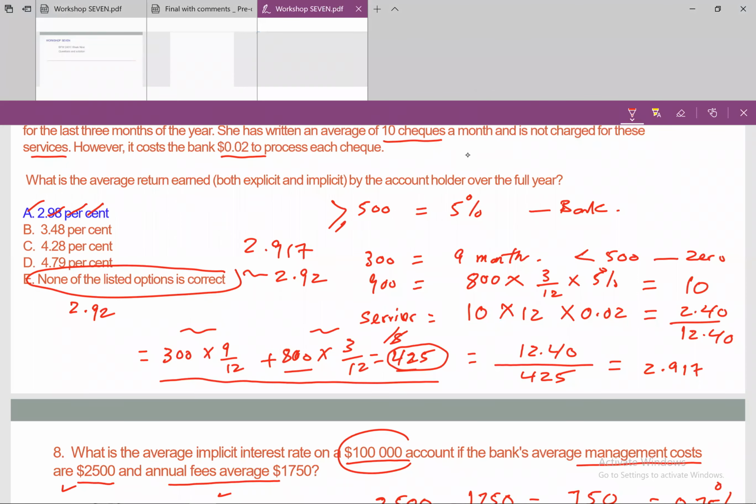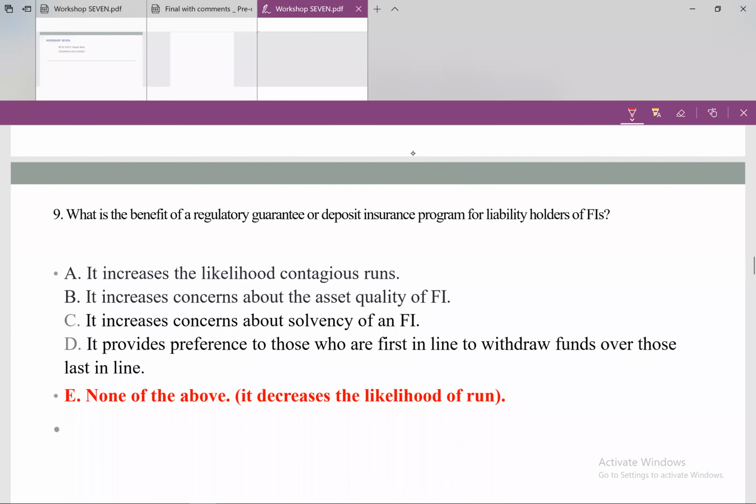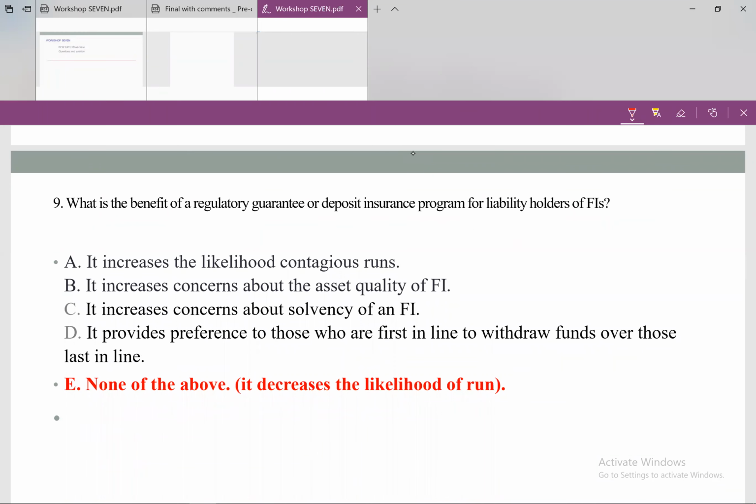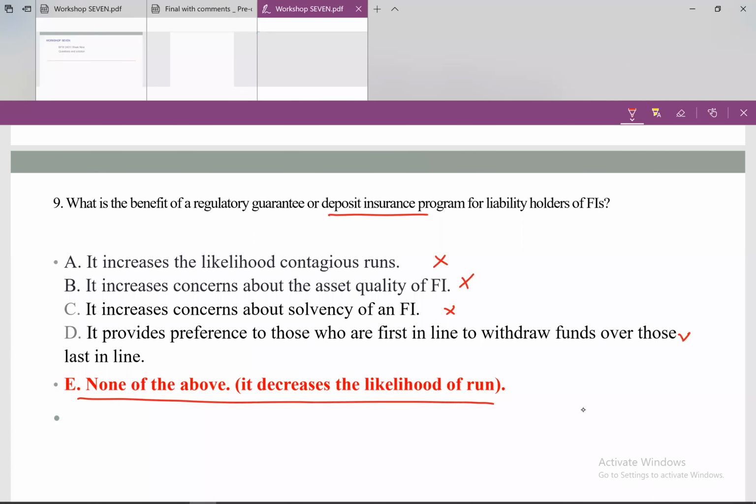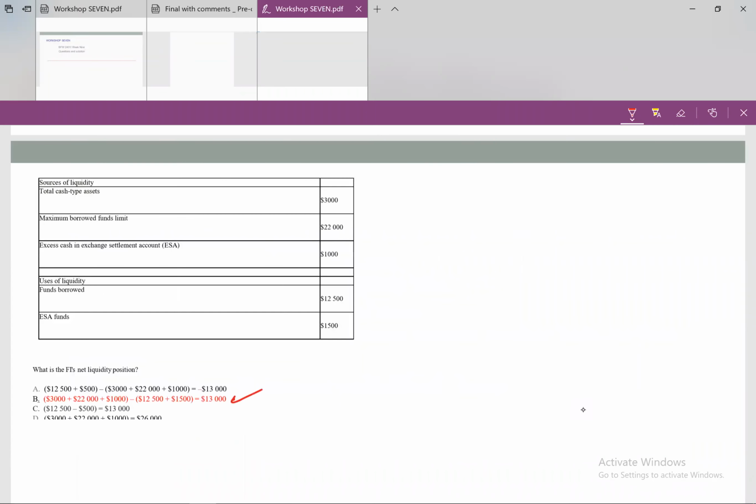You see, okay, good. So let's go to this one. This is about bank run, none of the above, it decreases the likelihood. So normally credit insurance, deposit insurance, all of those are not right. It's only this one. We just have to take this one and decrease it. You take the sources, and you decrease it from this, and you get this number.